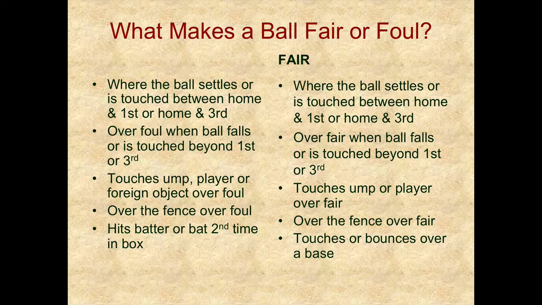It is a fair ball if the ball hits a base while it is bounding towards the outfield. That means that it has already hit the ground and now it is bouncing towards the outfield, and one of its bounces takes it over the base or actually has it touch the base.